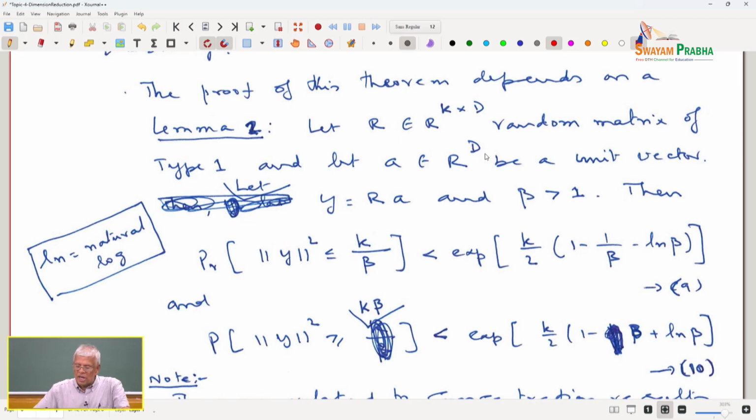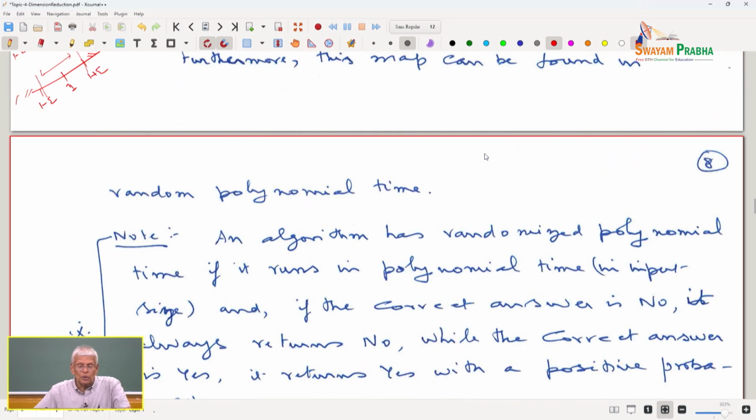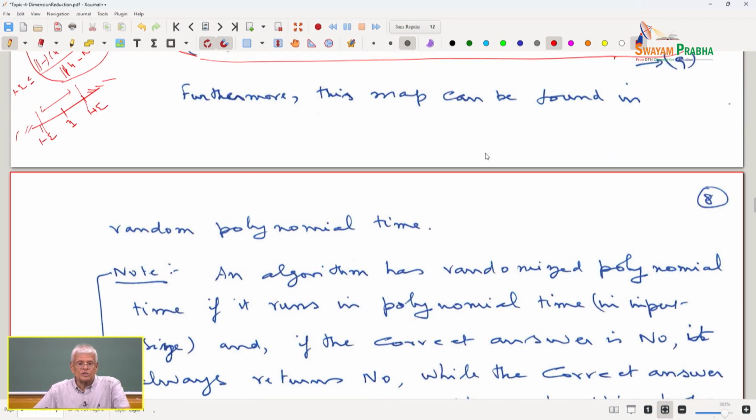So what is it that we are now going to have to indulge in? We simply need to be able to show that if the matrix R is designed in such a way that the elements are IID random variables from the standard normal, we have already proved that the expected value of the square of the norm of f(a) is the same as the square of the norm of a.